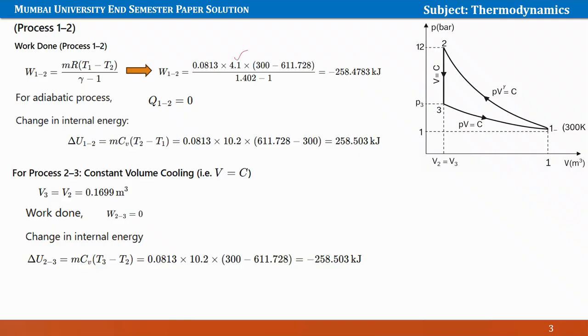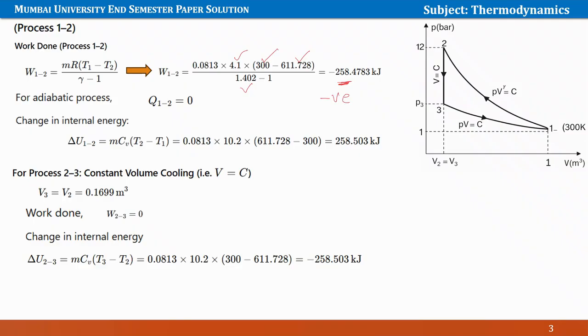Initial temperature T1, final temperature T2, that we just calculated in the previous slide. Gamma, again we have calculated that in the previous slide. Put those values and you will get the work done. So here work done is negative, okay? Work done is negative means the work is done on the gas, that is the system that we have considered in this problem. This is how we can calculate the work done.